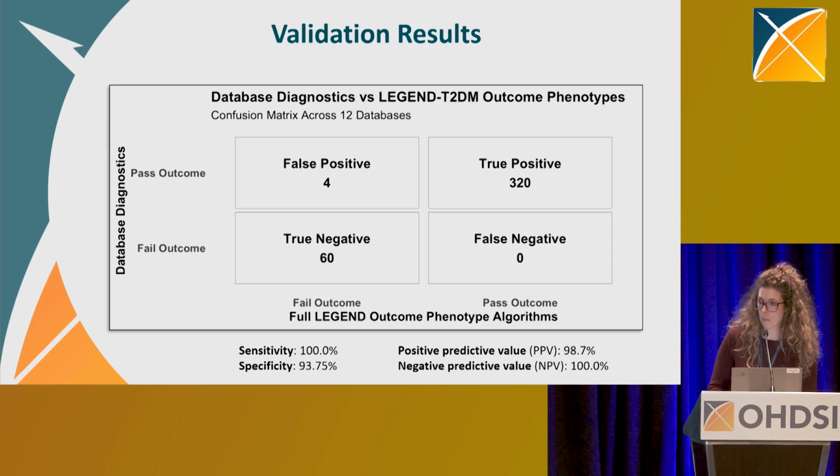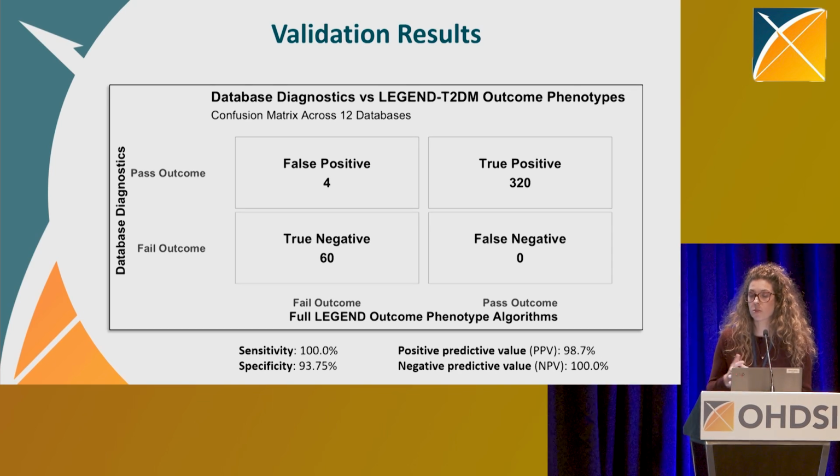Next slide. And if we move on to our outcome phenotypes, the results were even more promising here. So again, you see our false negatives of 0, leading to that high sensitivity. But in this case, we only had 4 false positives, which led to a specificity of 93.75%.